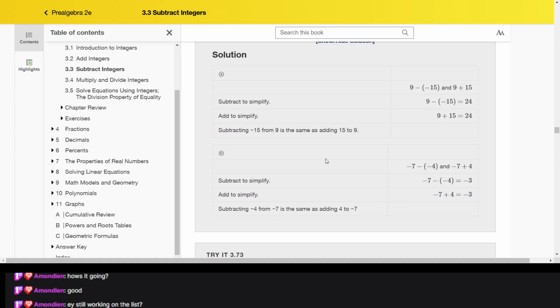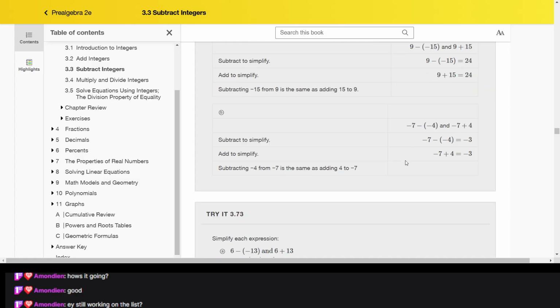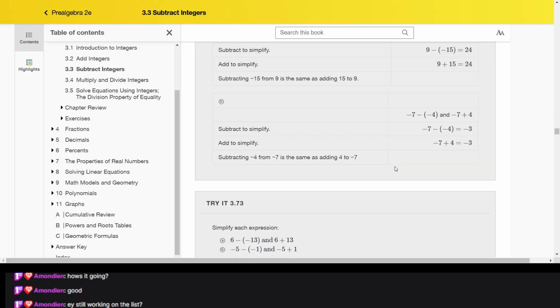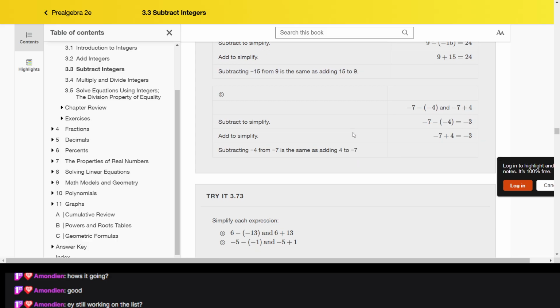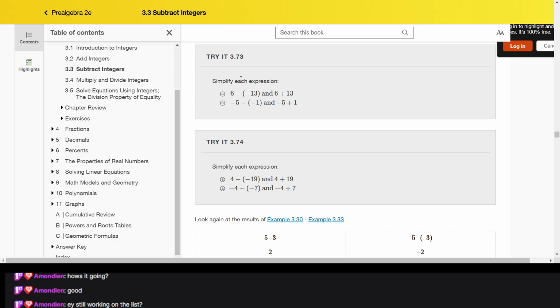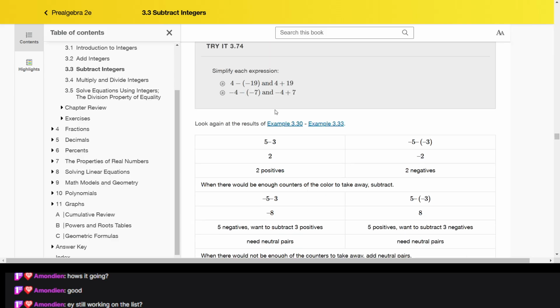Subtract negative 15 from 9, 15 to 9. Negative 7. Simplified expression.